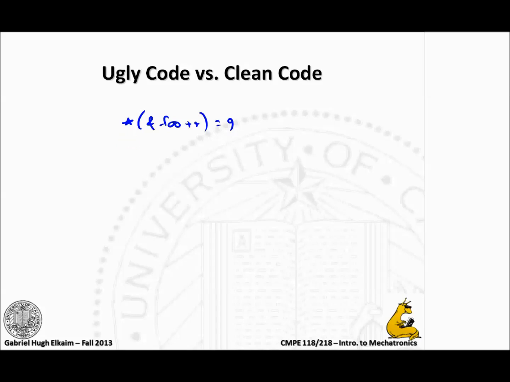If you really want to see ugly code, by the way, just Google ugly C code, and you will see examples that are just hideous. They're very compact, but on the other hand, they're not to do. And the thing is, you don't gain anything by it. That's the stupid thing.